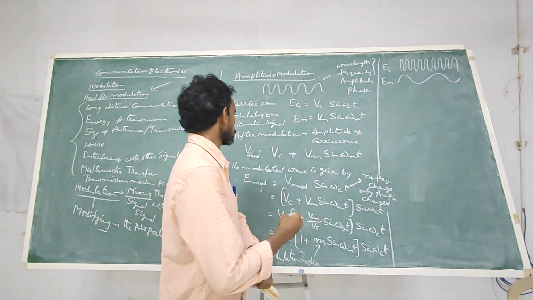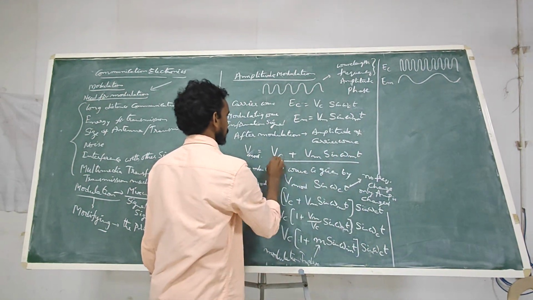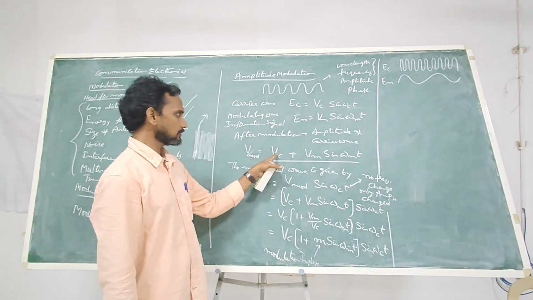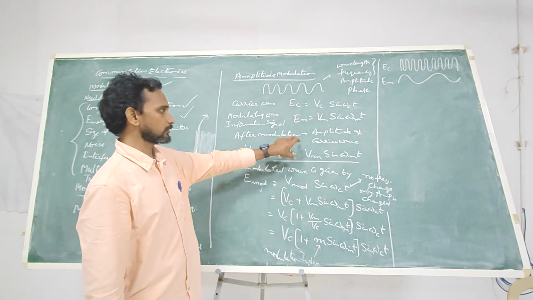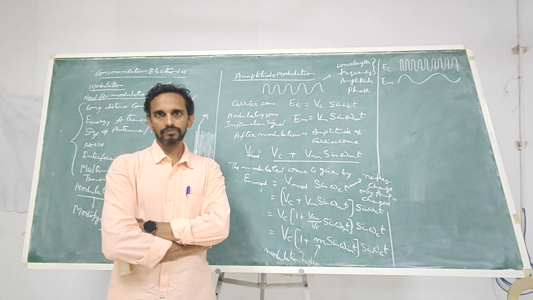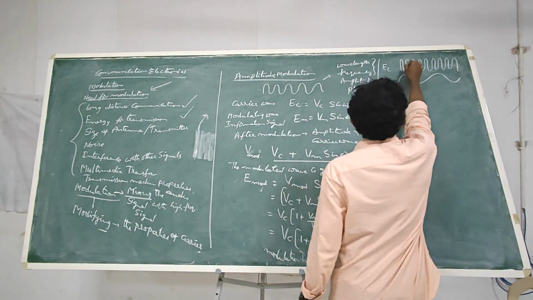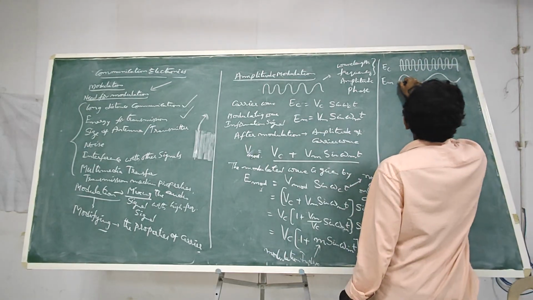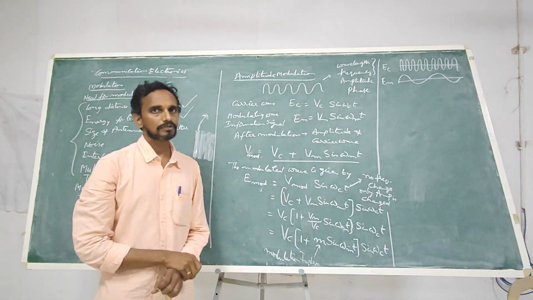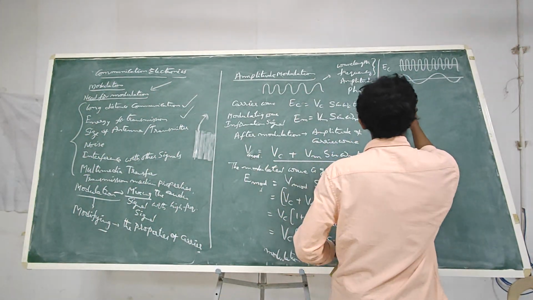Now after modulation, what is the amplitude of the carrier wave? Frequency is not changing, amplitude is original amplitude plus Vm sin omega m t. So we have to keep the original amplitude plus this omega m.